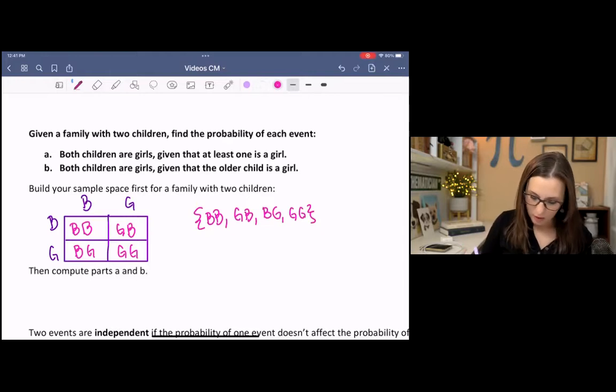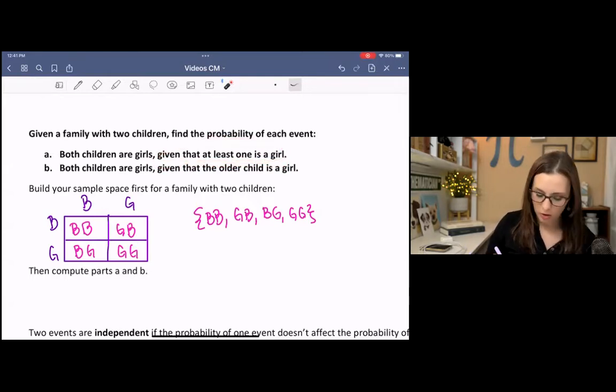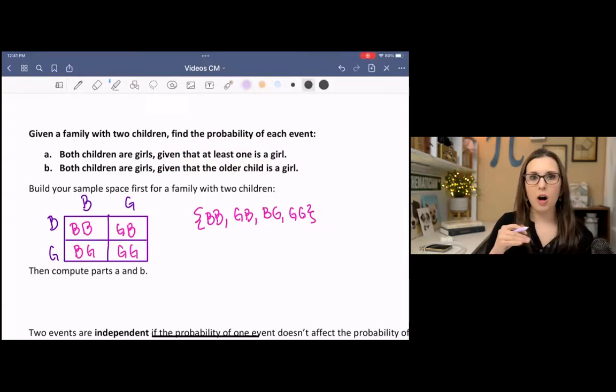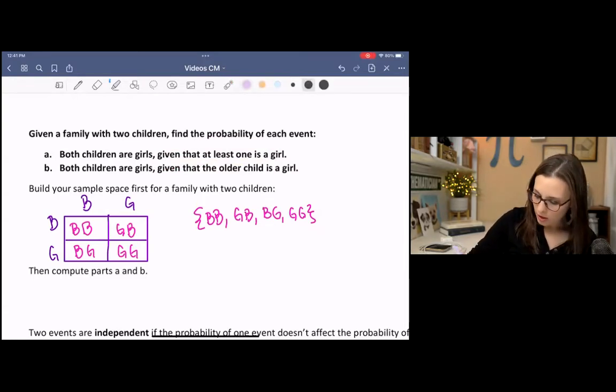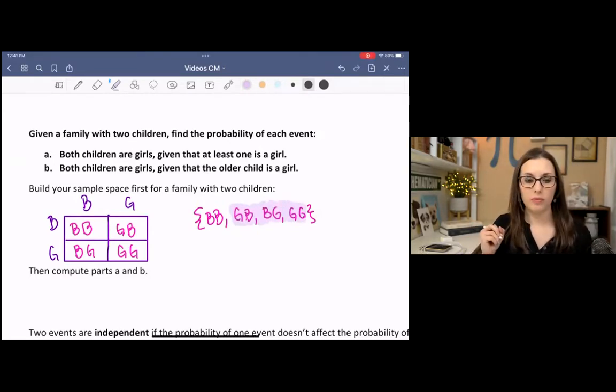Okay, and now we're going to find the probability that both children are girls, given that at least one is a girl. So this part right here, given that at least one is a girl, that's going to shrink down our possibilities that we're choosing from. Given that one is a girl, those are these options, 3 options.